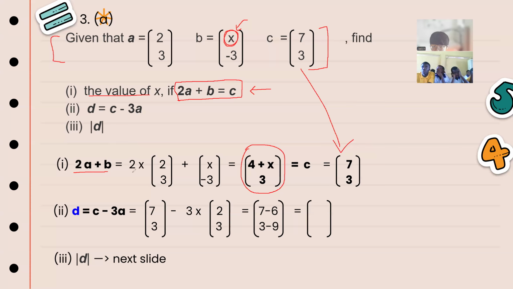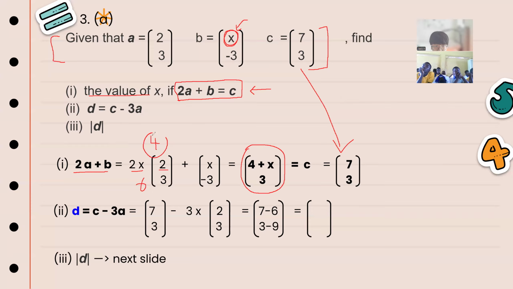Because here, what is 2 times 2? That is 4. What is 2 times 3? That is 6. And when you're adding in this vertical form, called vector form, you add the top components together.